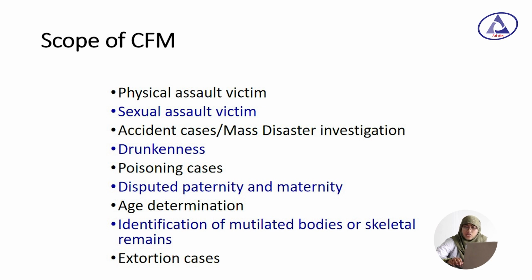Accidental cases also, involving mass disaster investigation, which requires identification of the deceased persons, more than 12 persons. Drunkenness cases, poisoning cases, disputed paternity, even disputed maternity cases, age determination of a person, whether infant, adult or elderly. Identification of mutilated bodies or skeletal remains found in deserted areas, or extortion cases like unlawful or wrongful acts requiring threat or force, or even theft cases.